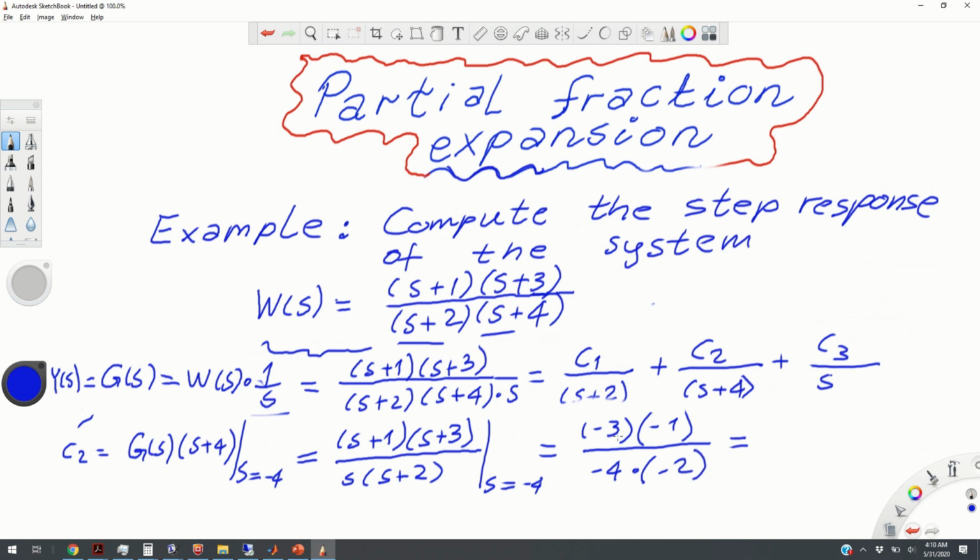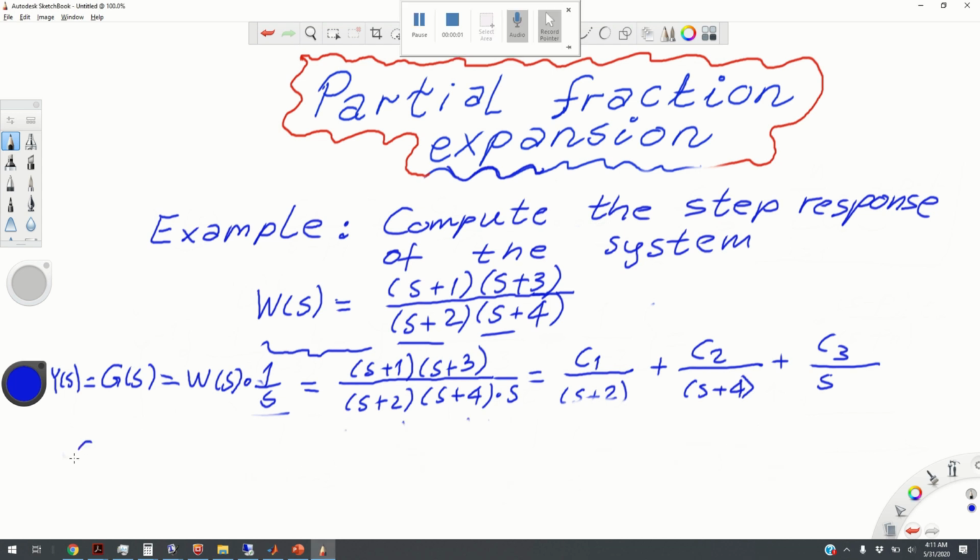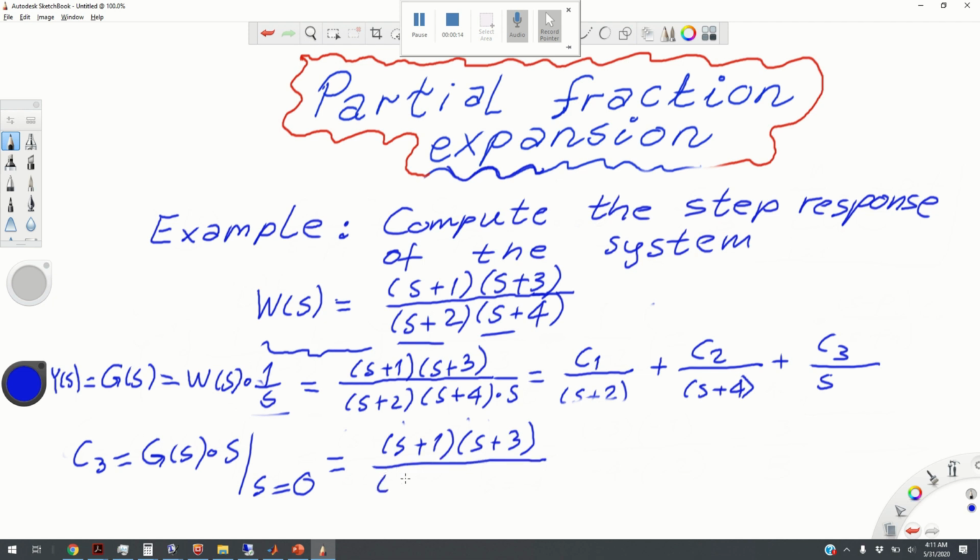So what do we get? We get 3 over 8. And finally, let us compute c3. So c3 is G(s) multiplying s, evaluated at s equals 0, evaluated at the pole. So we have (s plus 1)(s plus 3) over (s plus 2)(s plus 4), and this becomes 1 times 3 over 2 times 4, and this becomes 3 over 8.